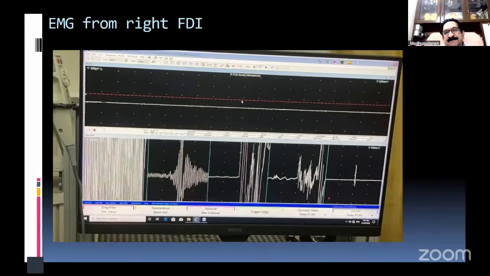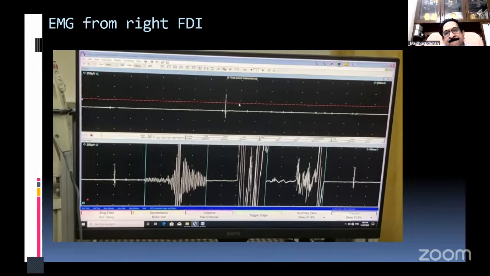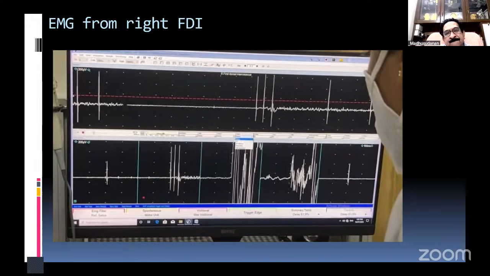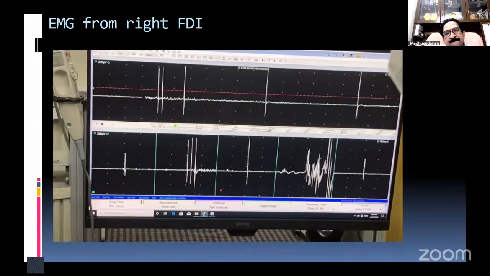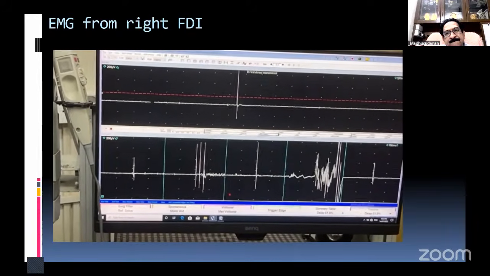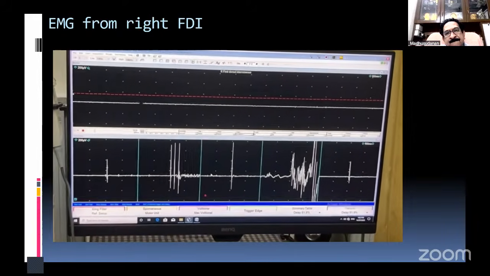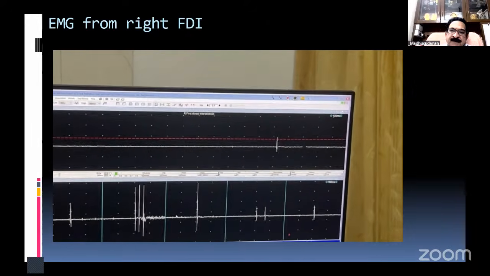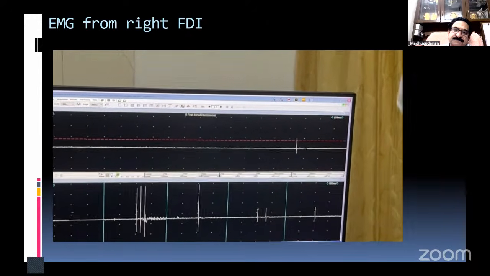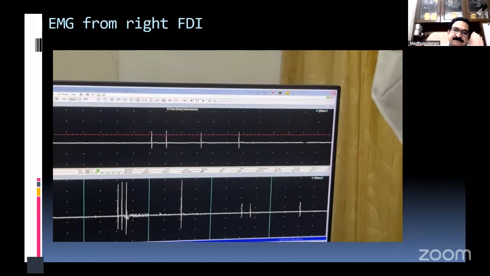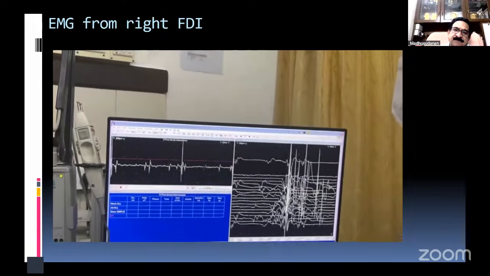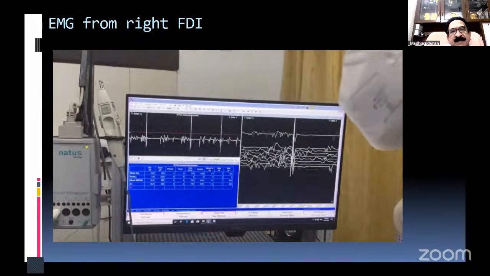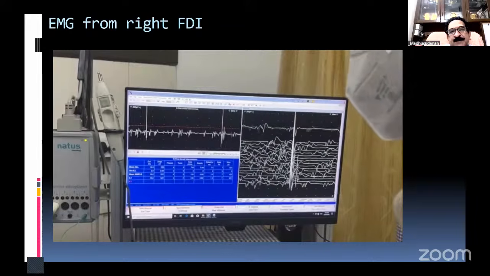occasional fasciculation. Some other potentials are large and polyphasic, but again, not a real large potential.